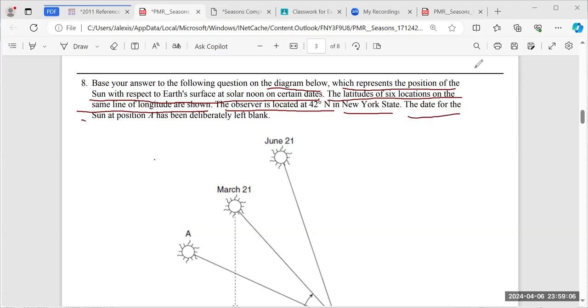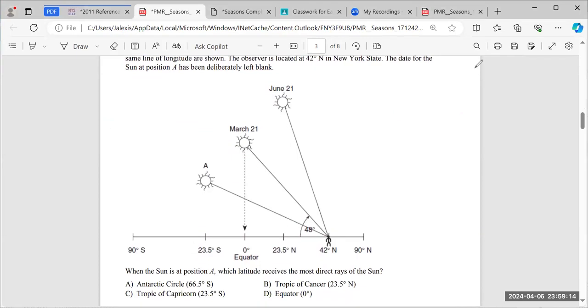The date for the sun at position A has been deliberately left blank. The question says, when the sun is at position A, which latitude receives the most direct rays from the sun?